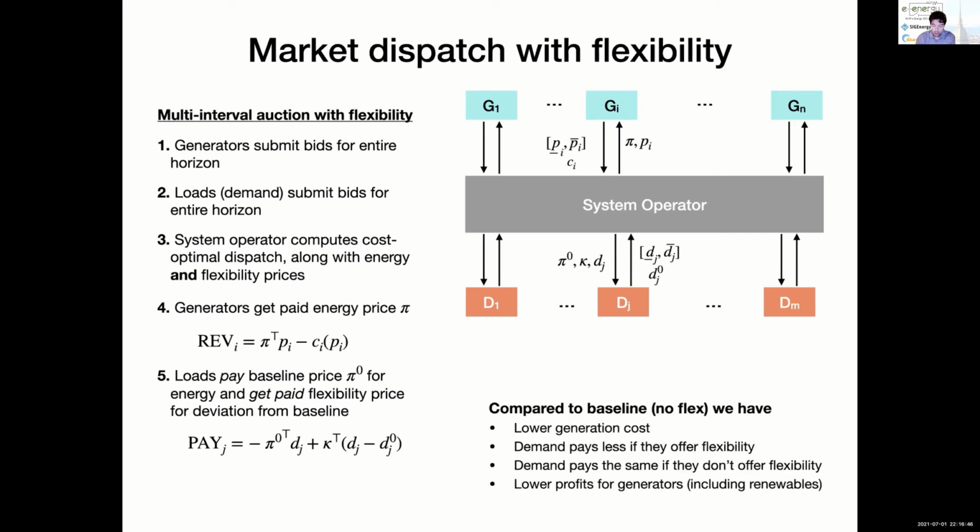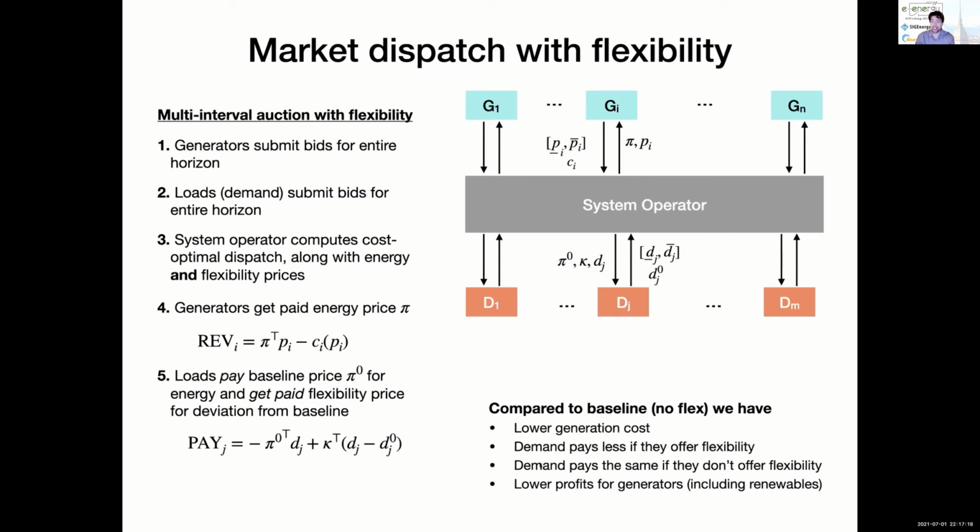So compared to the baseline case, which I keep referring to, which is when all the loads consume D0, if there is non-trivial flexibility, if there's some gap between these upper and lower bounds on the demand flexibility, then we get the following properties. Lower generation cost, the demand that offers flexibility pays less because this kappa times the deviation is non-zero.